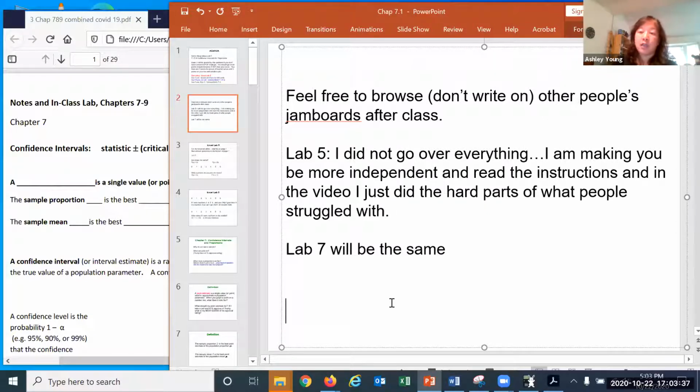Read the instructions, and that's in the problem. We'll talk about that in a minute, actually. And in the video, I just did the hard parts, the parts that people really struggle with. Those are the parts I did in the video. Lab 7 is going to be the same sort of thing. If you have questions after you watch the video and after you read through everything and try to figure it out, feel free to come to my office hours and we can go over some stuff then.